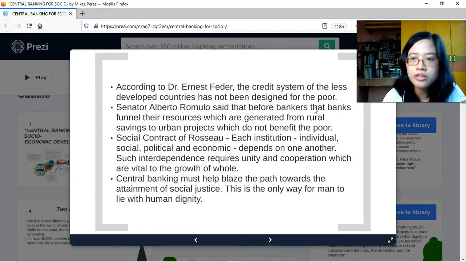They could go deeper into debt if they are unable. As long as there is outstanding debt, the interest would continue to accumulate, and that could be very difficult for the poor. Senator Romulo said that banks funnel their resources, which are generated from rural savings, to urban projects, which do not benefit the poor.